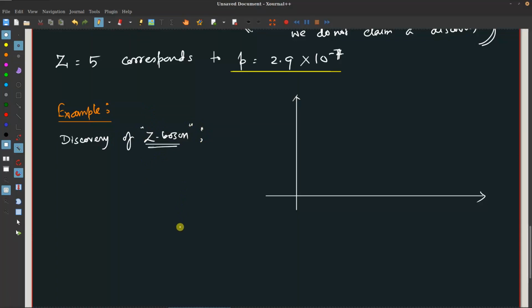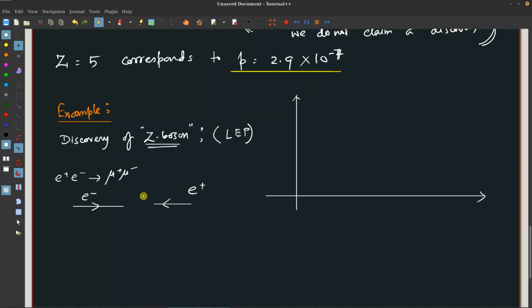Now the way to do that is that you collide e plus e minus. Suppose there is an electron beam coming from this direction, and a positron beam coming from this direction. This was done at LEP, the large electron positron collider, and you are trying to look at two muons. You collide e plus e minus, they annihilate, and then they produce two muons.